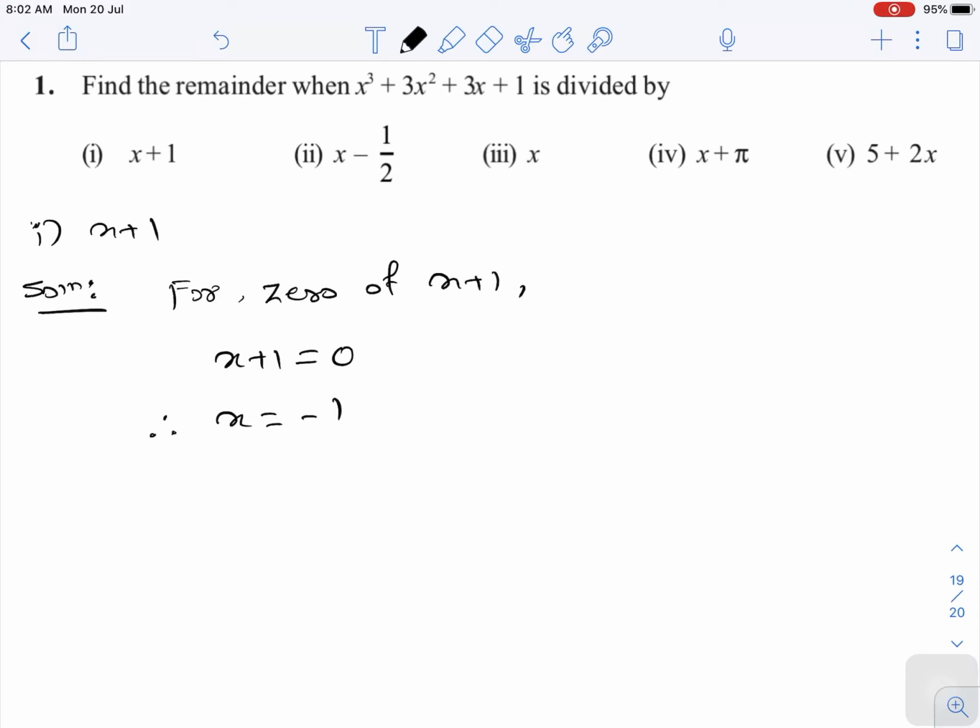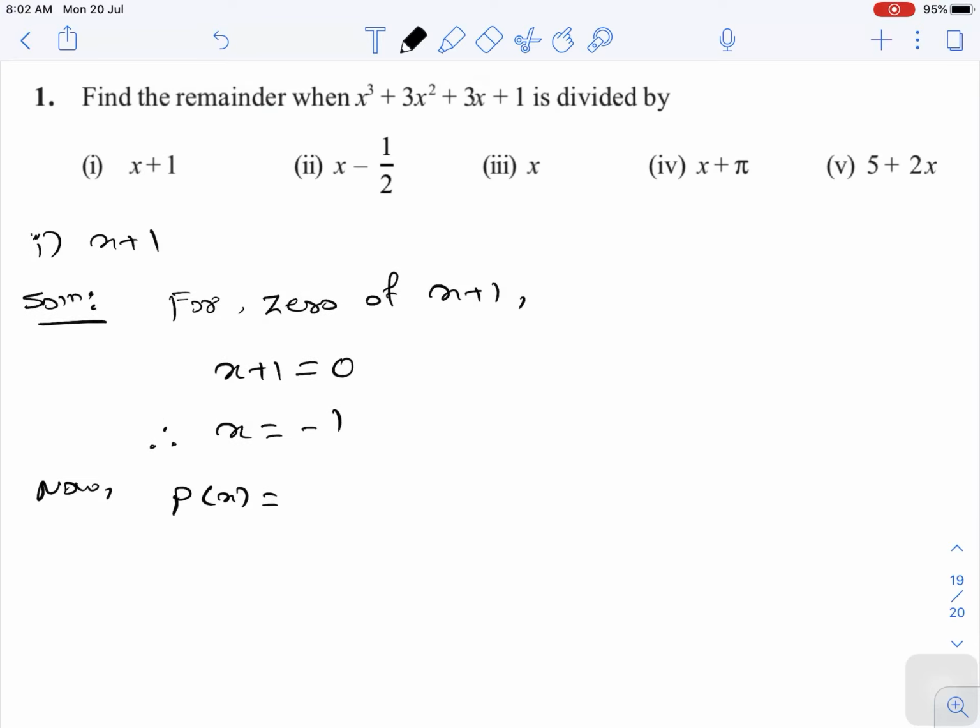Now what is our polynomial? p of x equals to x raised to 3 plus 3x square plus 3x plus 1.